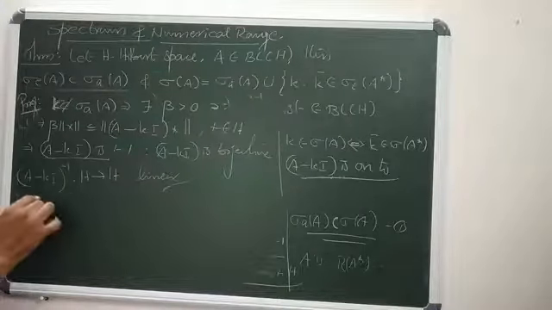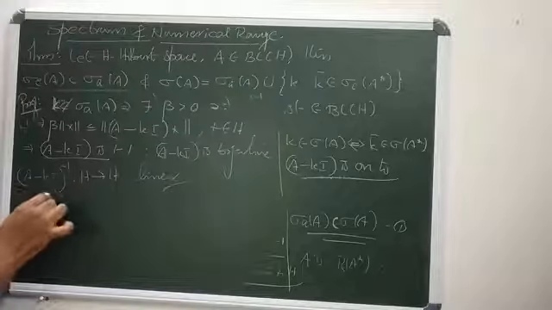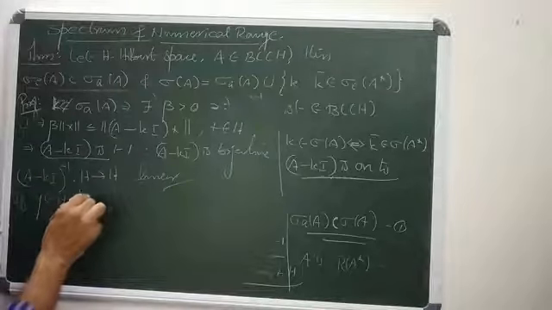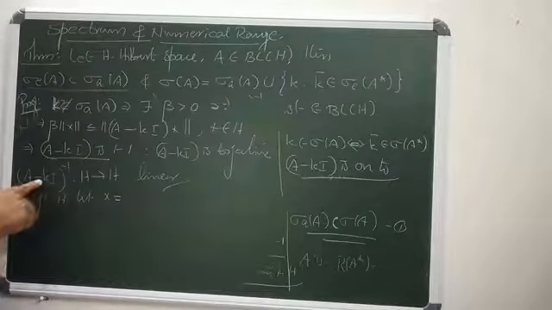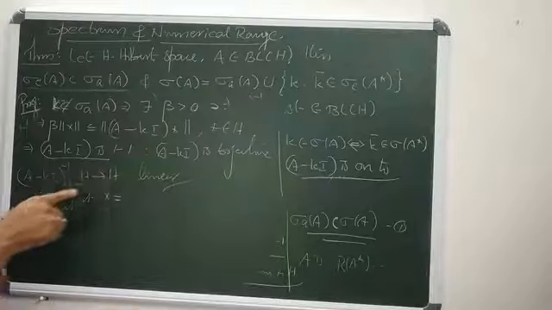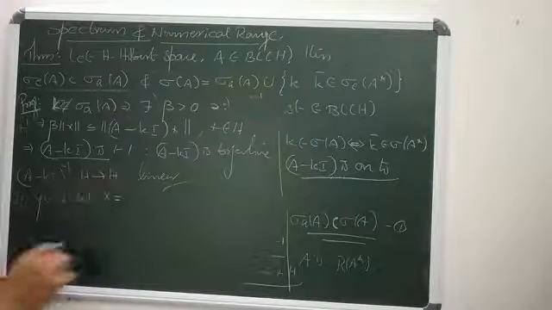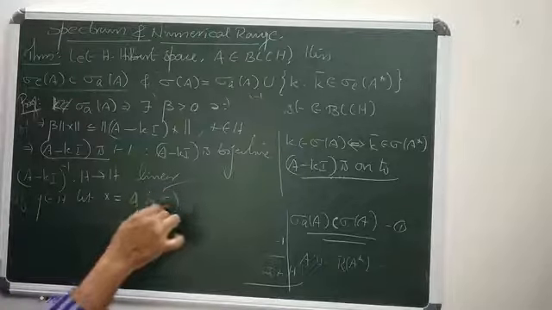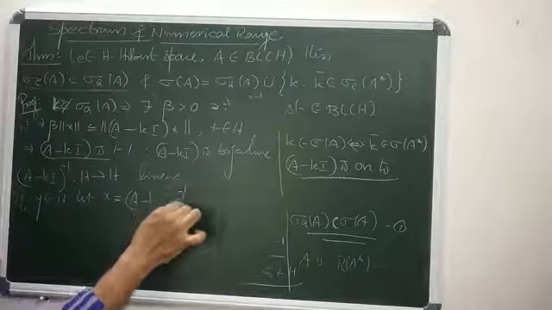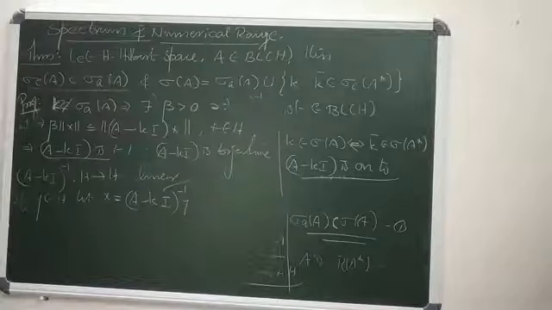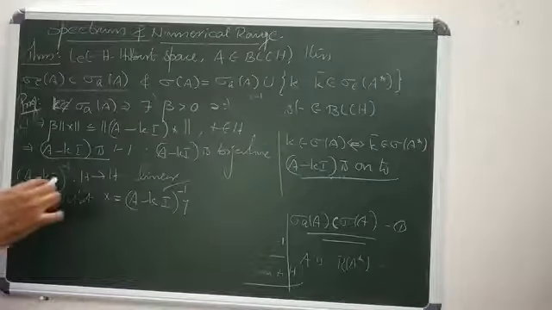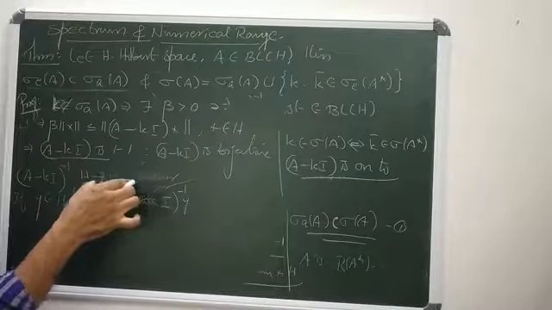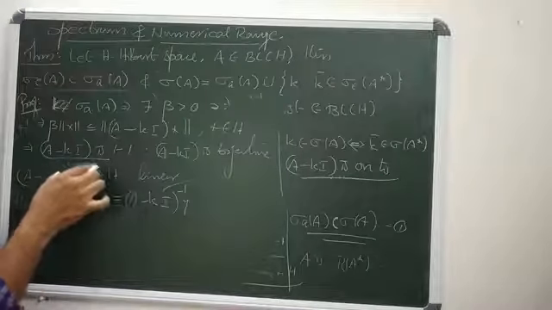How? If y falls in H, let x equal (A minus K I) inverse of y. It is defined from where to where? H to H. So for each y in H, there exists some x in H such that x equals (A minus K I) inverse of y. Consider this map, (A minus K I) inverse defined from H to H, which is linear.